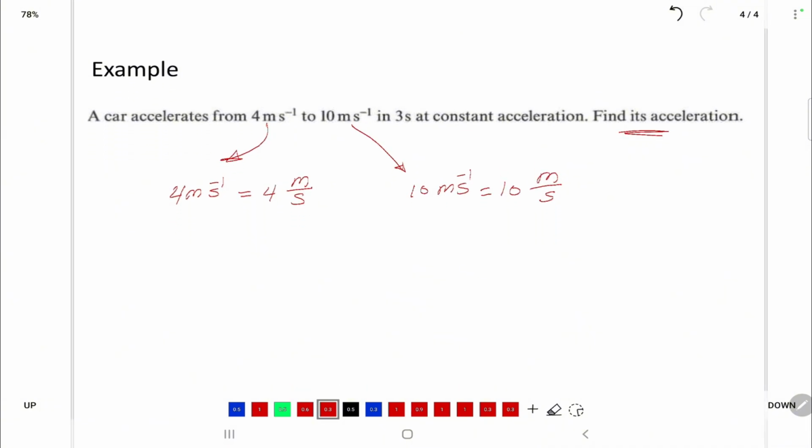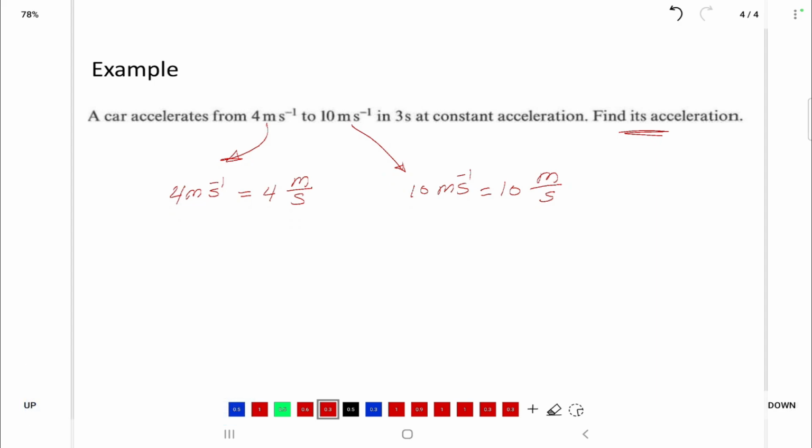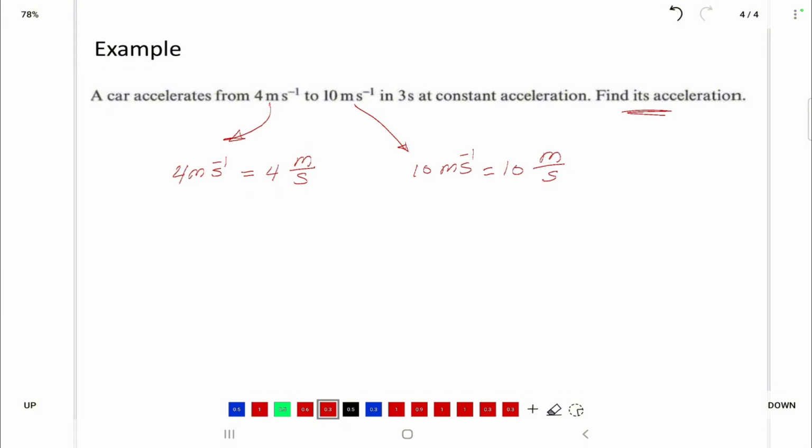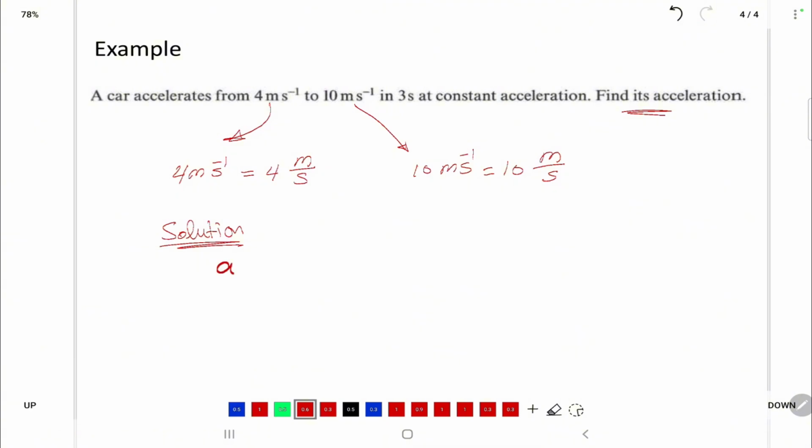Now, the acceleration may be computed, solution. Acceleration, which is denoted by a, is computed as v minus u over t.